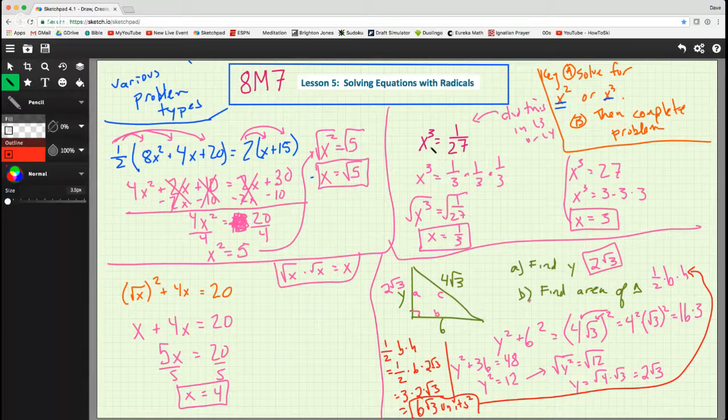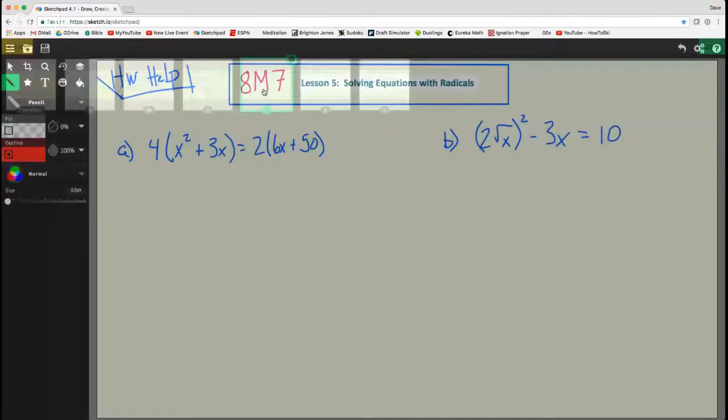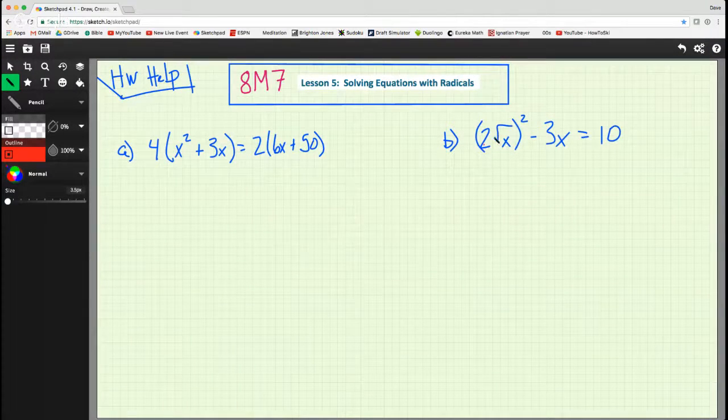Okay, so we're going to do some of these. I'm going to give you some homework help now, and we're going to do a number of problem types. Okay, so I'm going to let you pause and try these things. And remember our building blocks, right? Here you're going to do a distribution and then a simplification, and then you're going to solve for x squared.